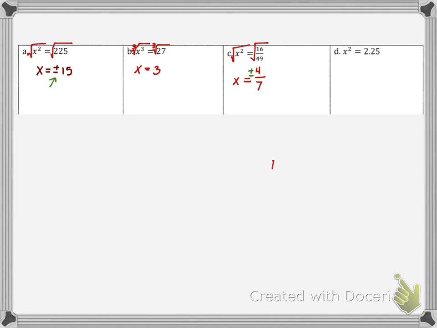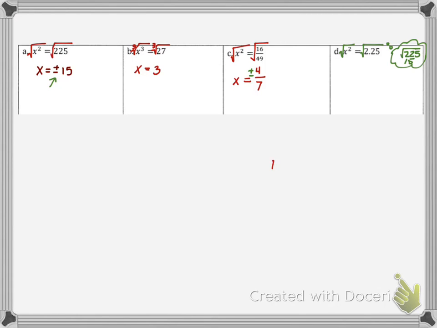For the next value, we have a decimal. x squared is equal to 2.25. Again, we could take the square root of both sides. You want to think about 2.25 in the fact that it looks very similar to 225. Again, this is not necessarily work that you would show, but there's my thought bubble. I'm going to be thinking about 225, and the square root of 225 is 15.